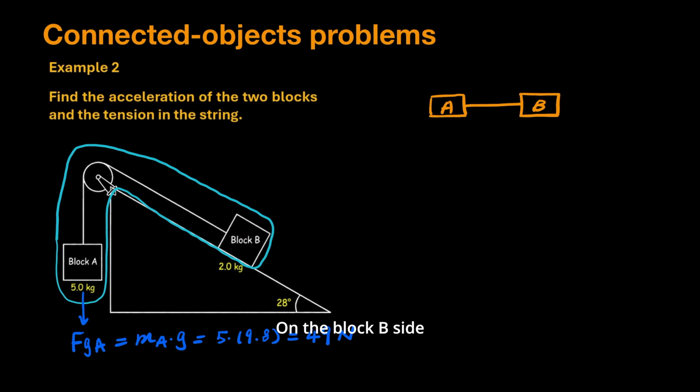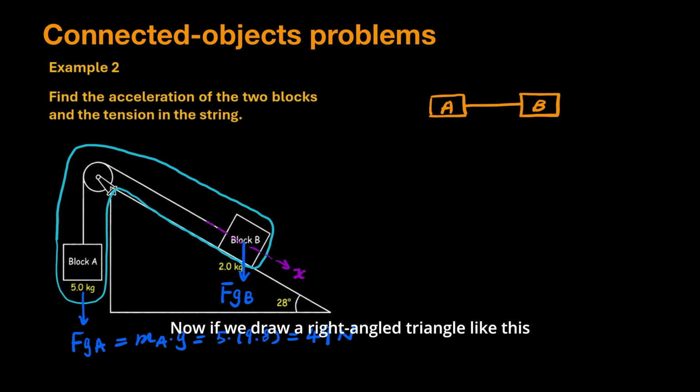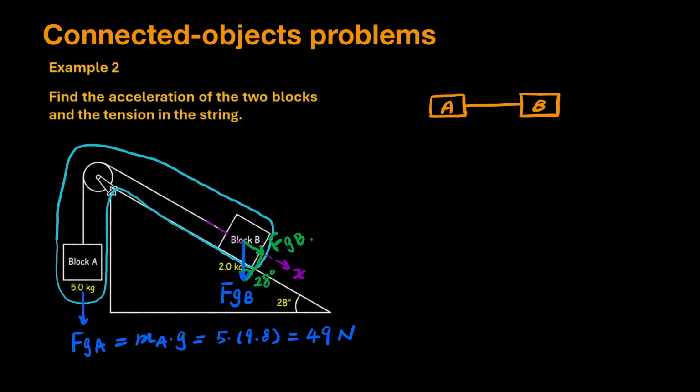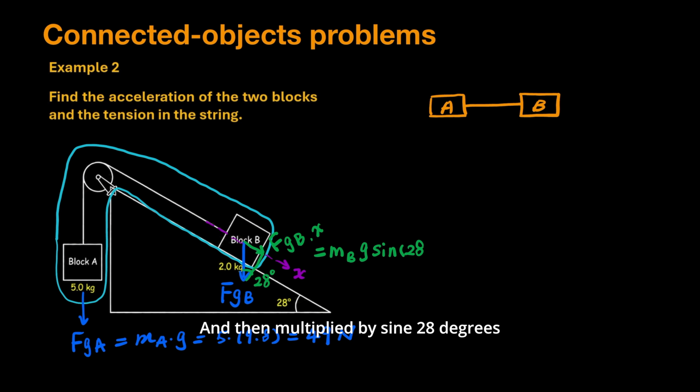On the block B side, gravity also pulls downward. But block B moves along the incline, so we only need the component of its weight along the motion direction. Now if we draw a right-angle triangle like this, the angle is 28 degrees, and the component along the incline is the opposite side. So it equals the mass of block B multiplied by gravitational acceleration and then multiplied by sine 28 degrees.